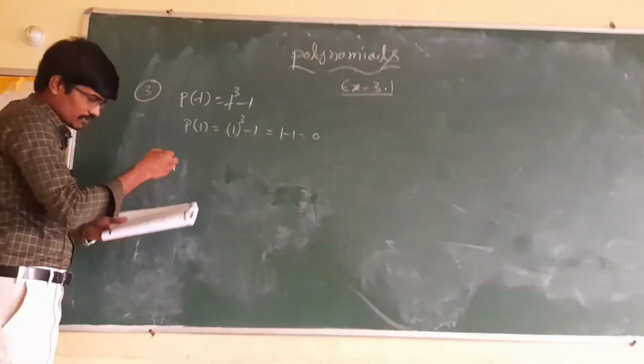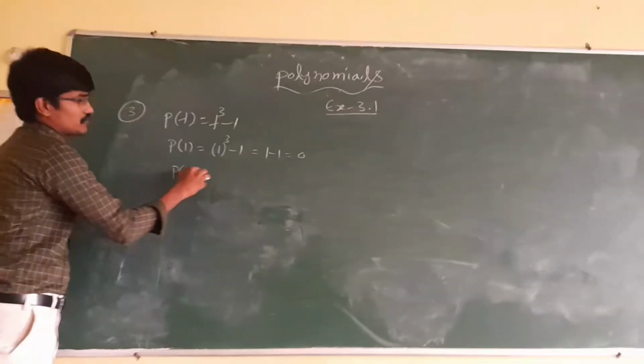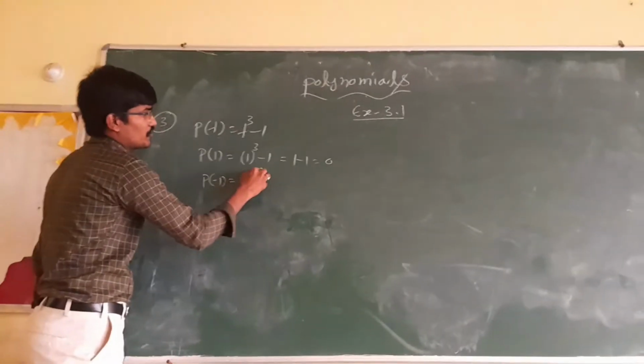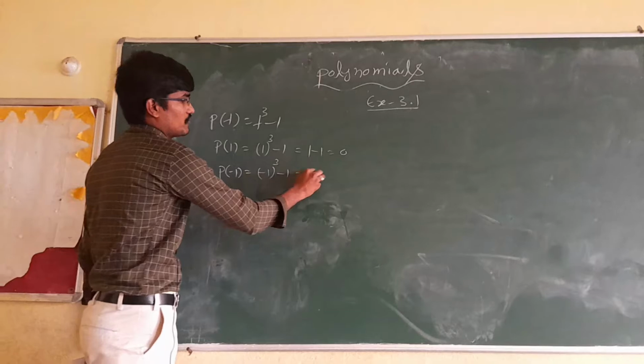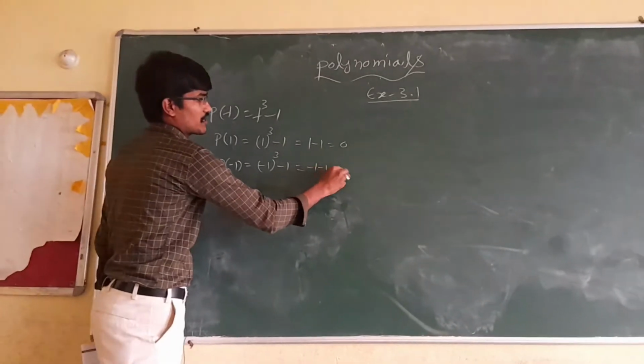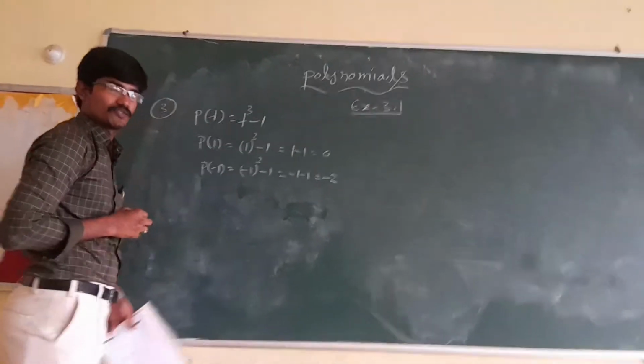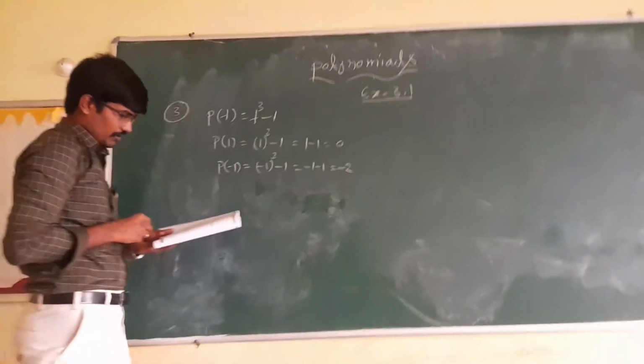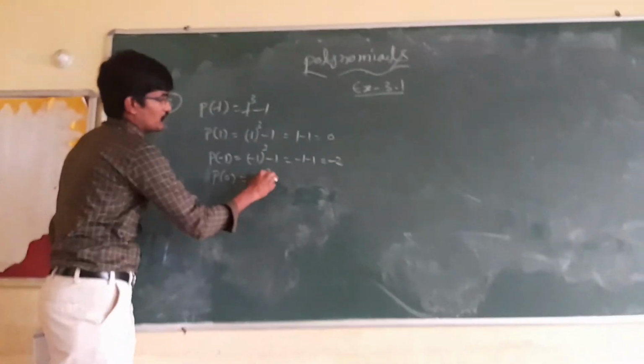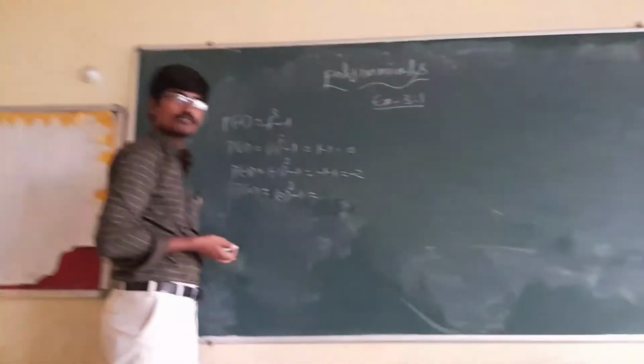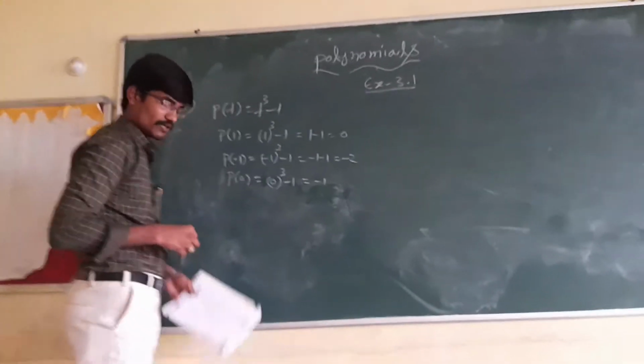Next, which value are they asking? P of minus 1. So minus 1 whole cube minus 1. Minus 1 whole cube means minus 1 only, and minus 1. The answer is minus 2. Next, P of 0 they are asking. P of 0 means 0 cube minus 1. 0 cube means 0 only. Answer is minus 1. Next, P of 2 they are asking.